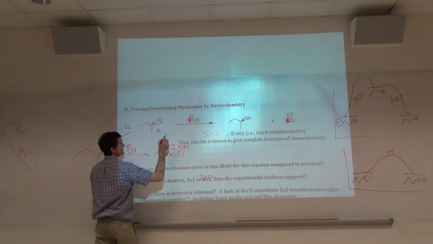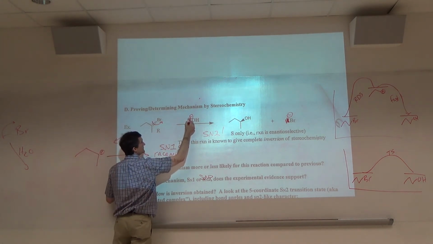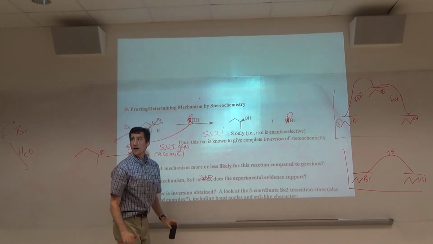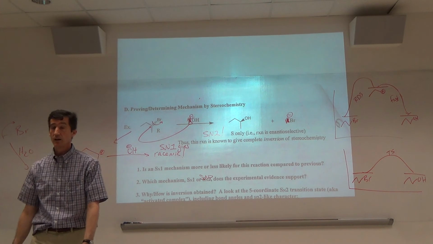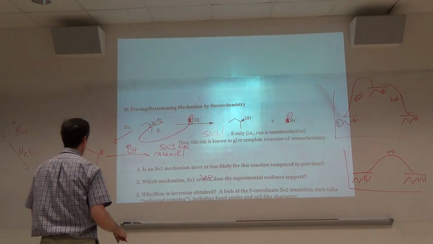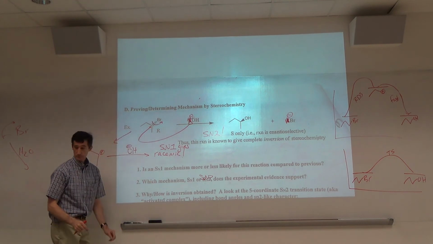Why does it mean it's SN2? Because these electrons come in and kick that off at the same time. It's concerted. But when we kick something off, how does the new group come in? Backside. We talked about this earlier. Now, what's backside?